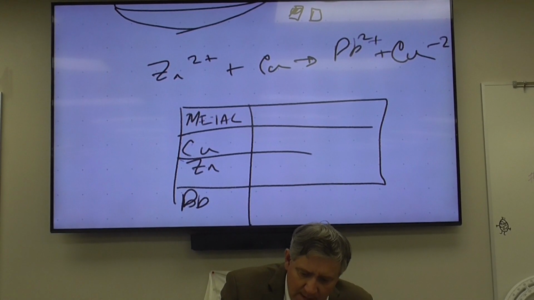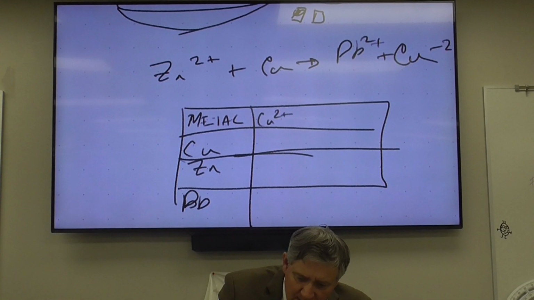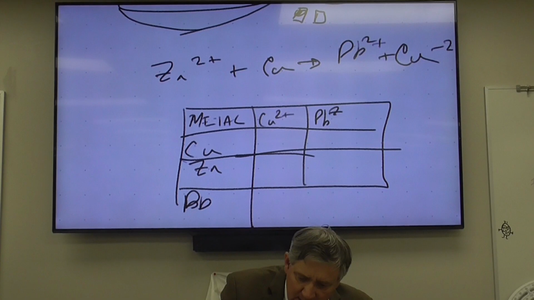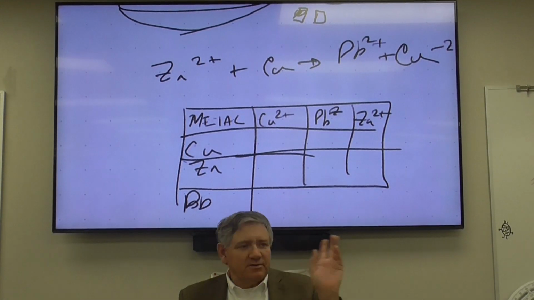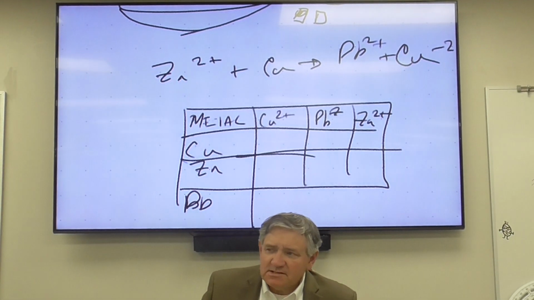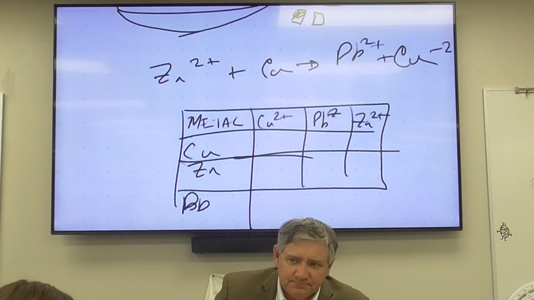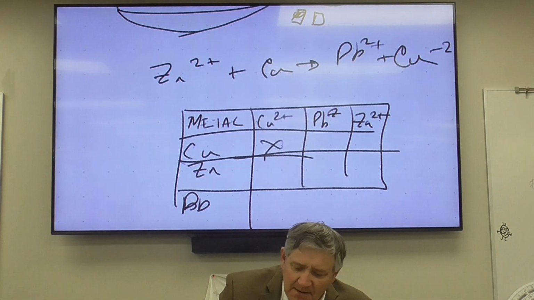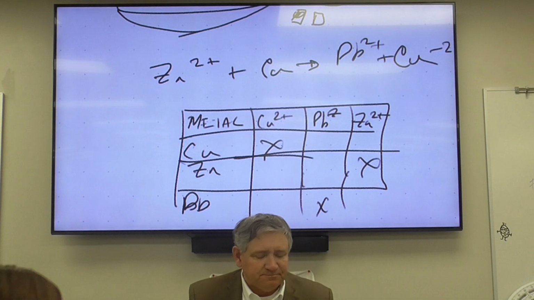And then against that, you're going to react it with copper ions, lead ions, and zinc ions. Make that look much better than what I just randomly drew on a piece of paper. Do you think it's going to do any good to react copper ions with copper? No. I'm not going to react zinc with zinc ions, and I'm not going to react lead with lead ions.